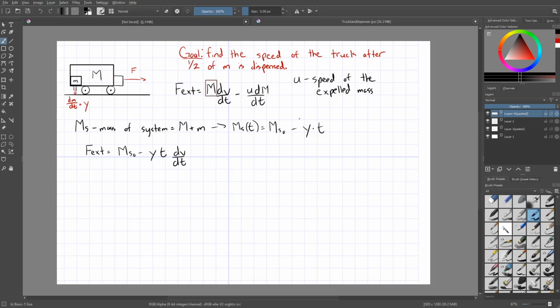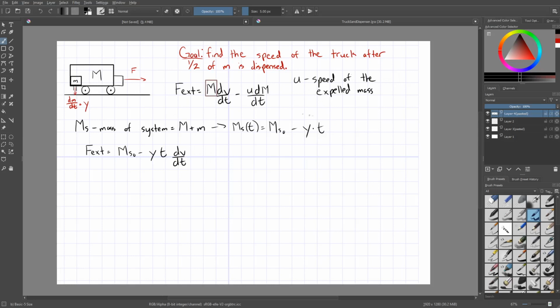The next thing to think about is our second term, negative u dm over dt. What we're going to see here is that u is actually going to equal 0, because in terms of our motion, which is to the right, there is no horizontal velocity that this expelled rice is going to have.